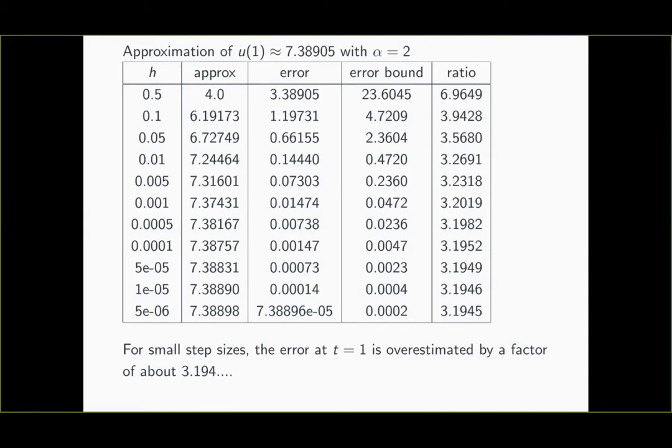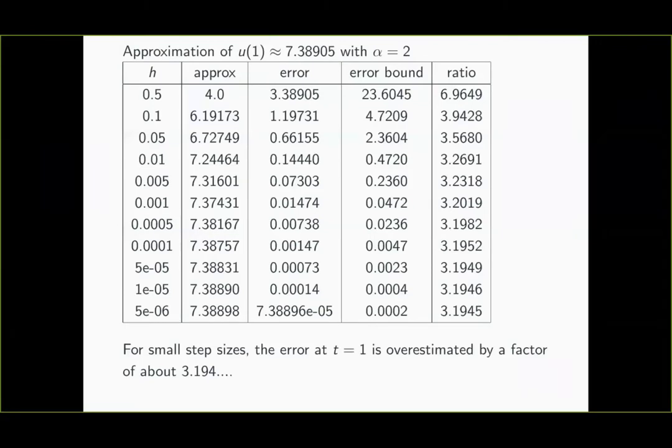Finally, the fifth column shows us the ratio between the error bound and the true error. For example, with step size 0.5, the error bound is 23.6 roughly, whereas the true error is 3.38 roughly.